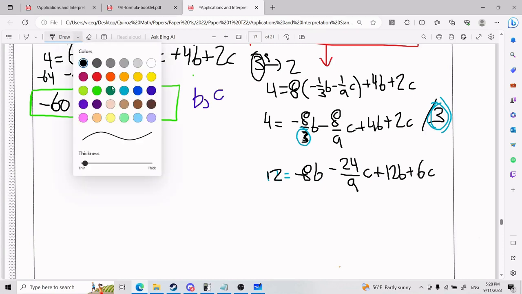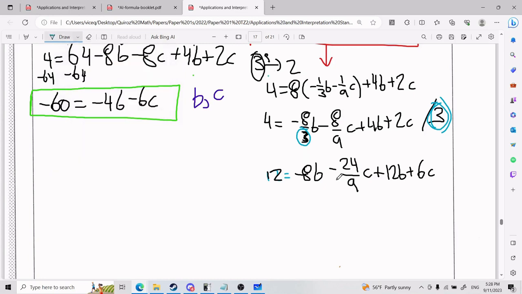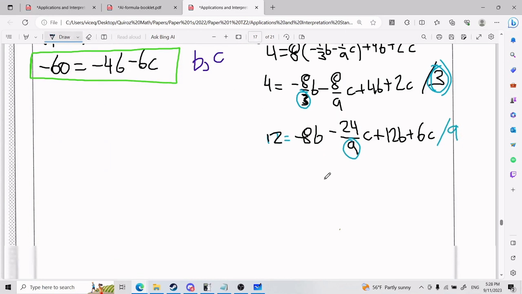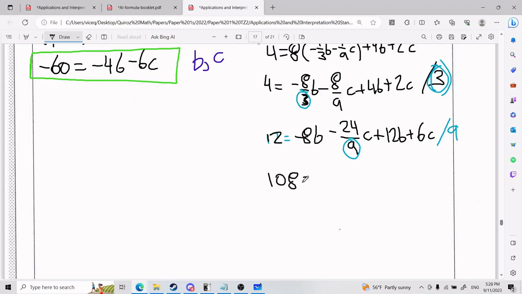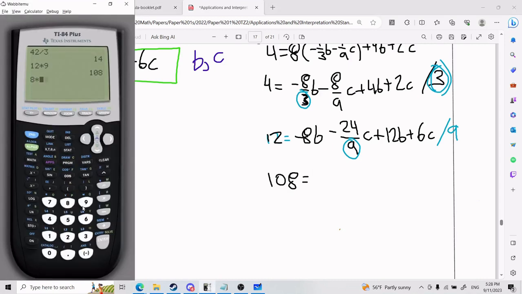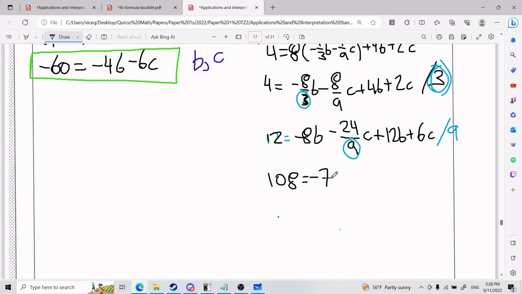Now I still have a fraction going on which I don't like, so I'm going to multiply everything by 9 now. Okay, this is just a trick to make my numbers a little more pretty, although bigger. 12 times 9 is going to be 108 equals 8 times 9, which is 72 minus 24c plus 12 times 9, 108b plus 6 times 9, 54c.